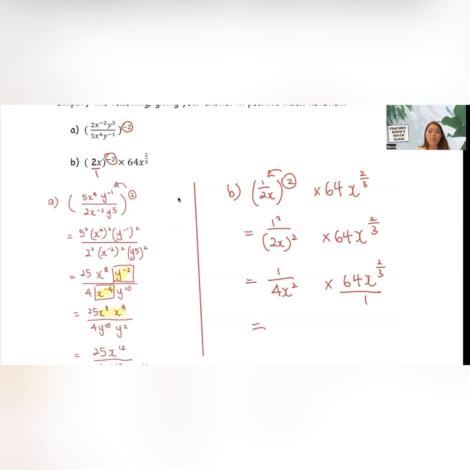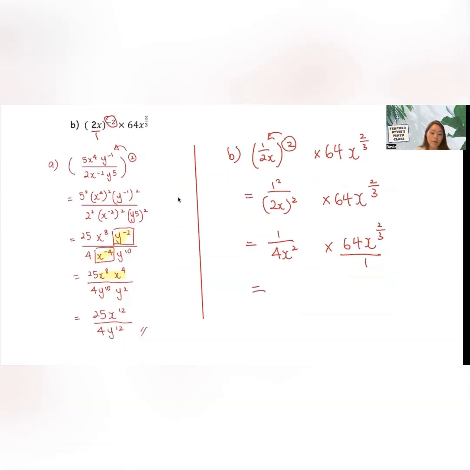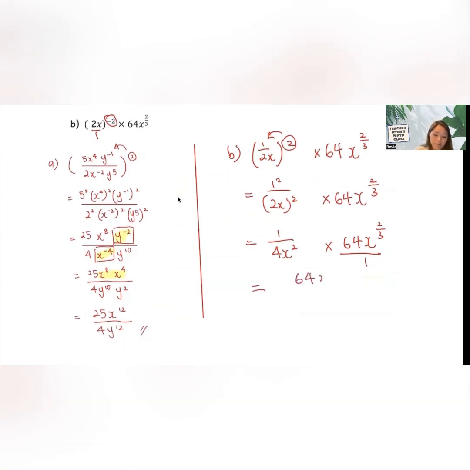So now just a normal multiplication of fractions, top times top, bottom times bottom. It's 64x to the power of 2/3 over 4x to the power of 2. Okay, to simplify the whole numbers first, 64 divided by 4, I can simplify this to become 16x to the power of 2/3 over x to the power of 2.